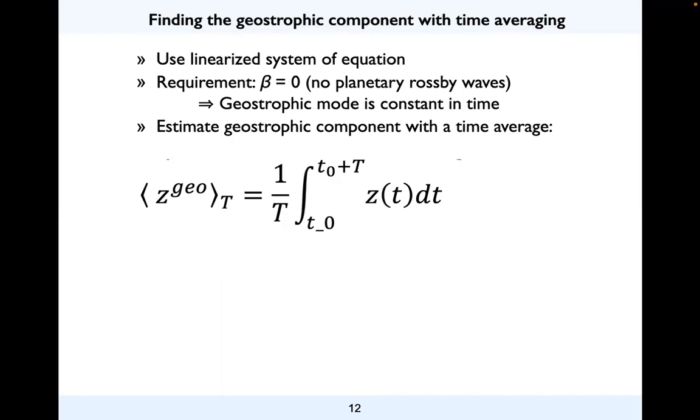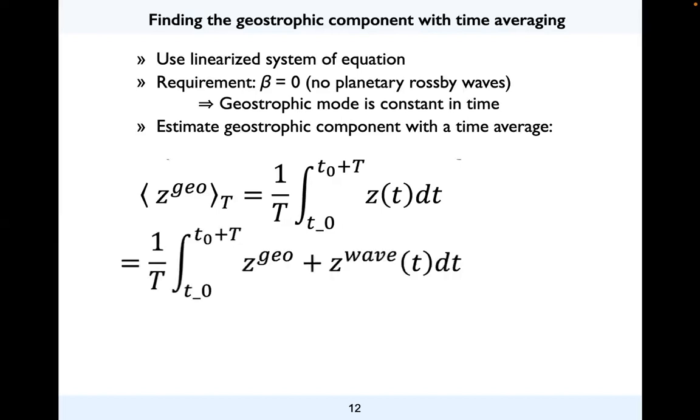So this Z0 here is our estimation for the geostrophic component, and we just calculate it as a time average. So 1 over T times the time integral from t0 for a time period of T of the state z. And we can show that this is converging by just decomposing this z into the true geostrophic component and the true fast wave component.